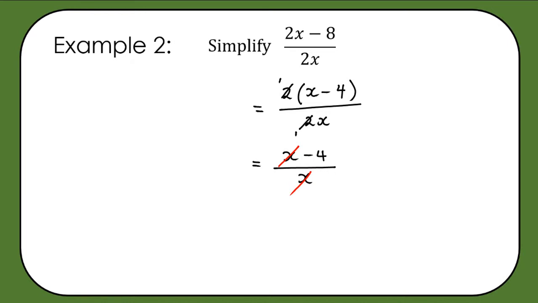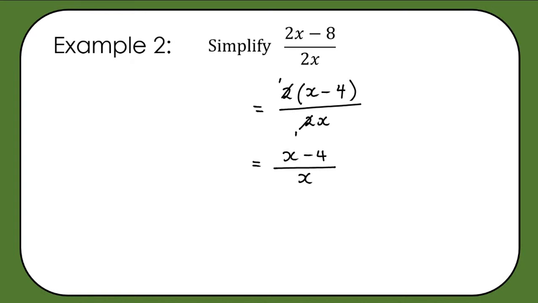What you've done there is you've subtracted x from the numerator and you've divided the denominator by x. So x is not a common factor in that numerator, so there's nothing that we can do. There are no more common factors in both the numerator and denominator, and so we are simplified: x minus 4 over x.